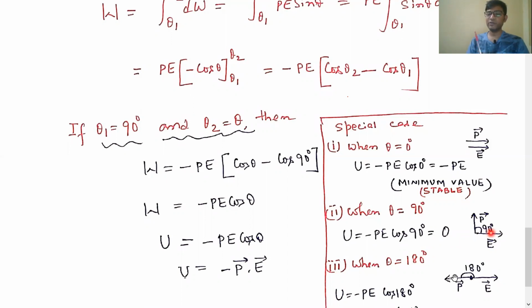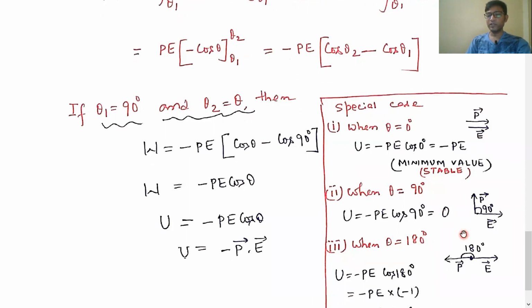If I put this value, minus P E cos 90 degree, we get the potential energy stored as 0. This is why the initial position we have supposed is theta 1 equal to 90 degree, because it is the position where the potential energy has a value equal to 0. It is a custom actually.